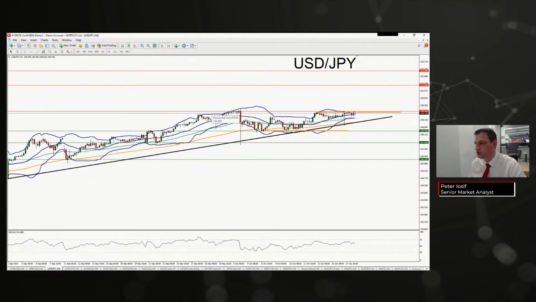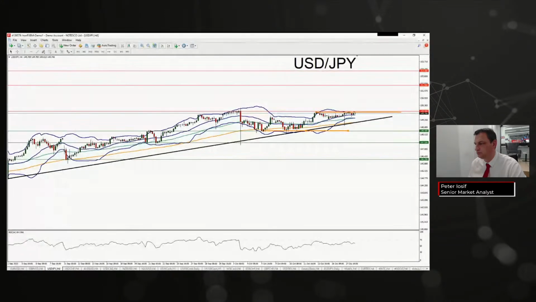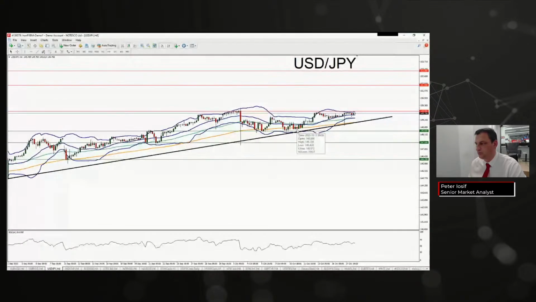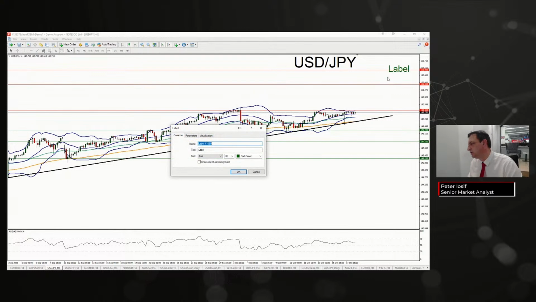and discuss direction, allow me to please add some labels here, starting with the 153.